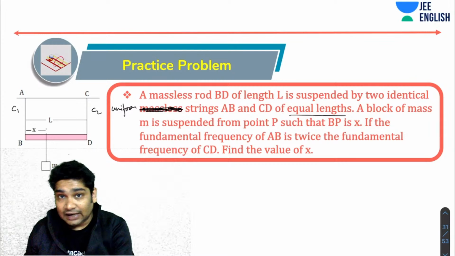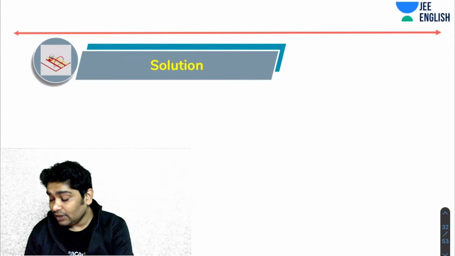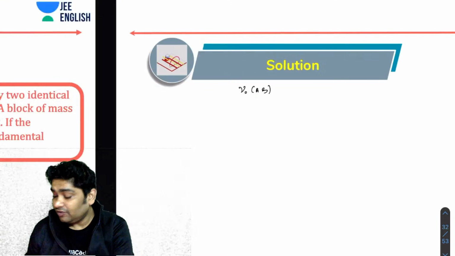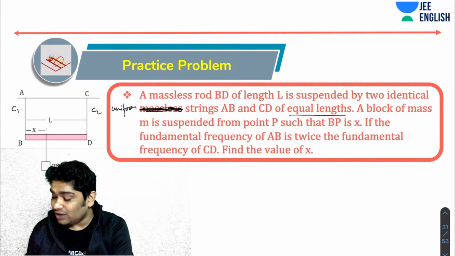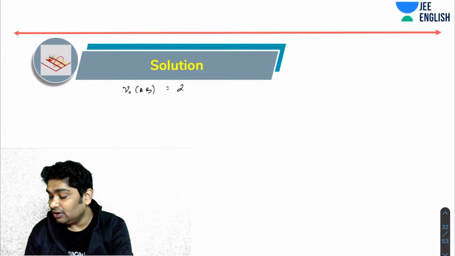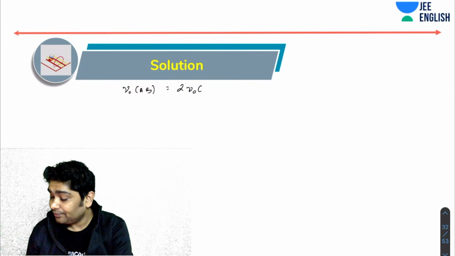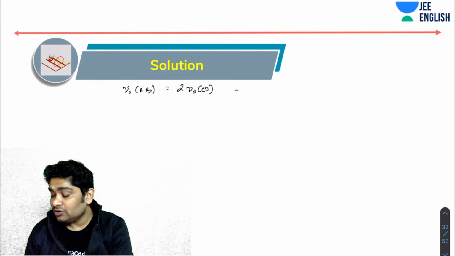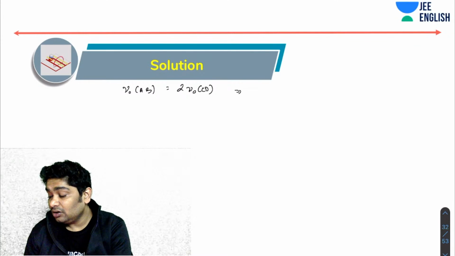So what that implies is that the fundamental frequency in AB is twice the fundamental frequency in CD. What that means is C1 over 2L equals 2 times C2 over 2L.